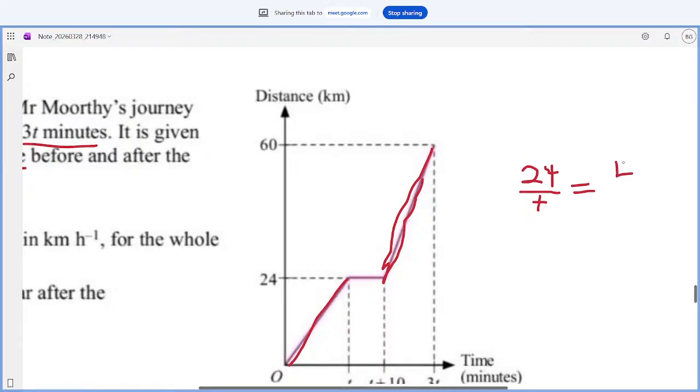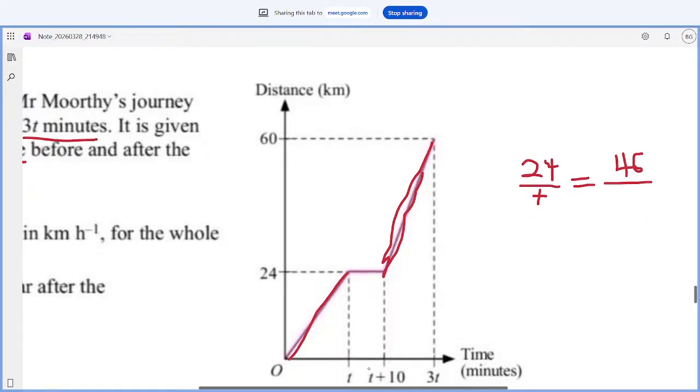So 46, and then 3t minus, okay, minus t plus 10 must bracket guys, 3t minus bracket t plus 10. So it's 2t minus 10. This is the equation that you guys must solve. Okay, 2t minus 10. So you guys should solve and get the t lah. This one you all know how to solve, right?